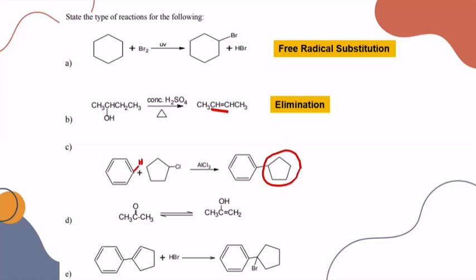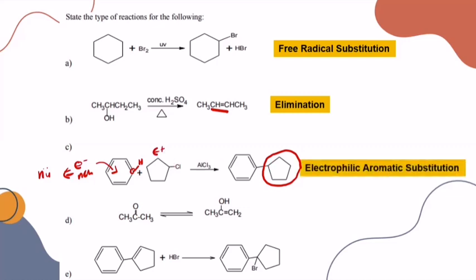The reaction site is at this carbon, which is located in the benzene ring. We know that the benzene ring is an electron-rich species. An electron-rich species is a nucleophilic site. So when it is a nucleophilic site, the pair of the nucleophilic site will be the electrophile. So it is an electrophilic aromatic substitution.